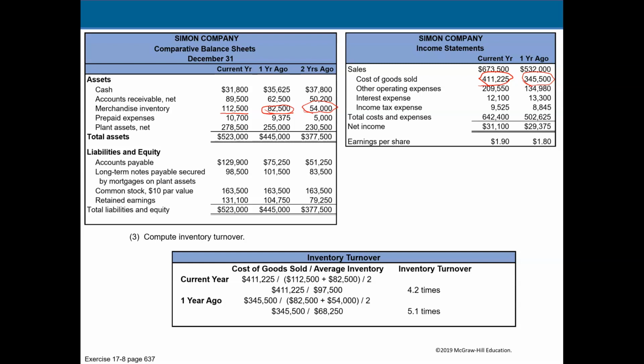So in addition to all the other ratios that have shown a slowdown, something is going on, because all of the ratios in the current year are not as good as the previous year. And the same goes for this one. The inventory turnover went from 5.1 times to 4.2 times. And you want to turn over your inventory as much as possible. So this is decreasing.